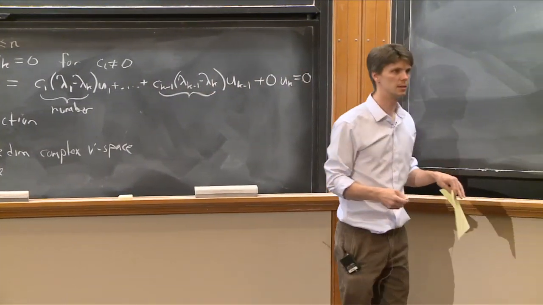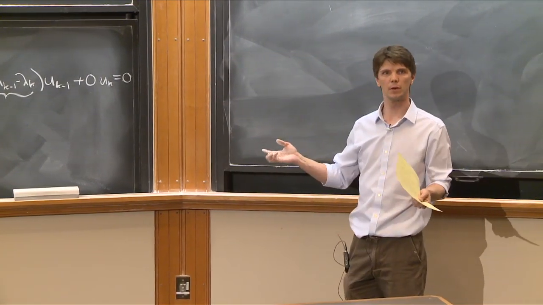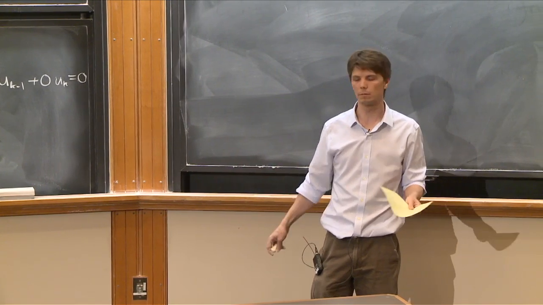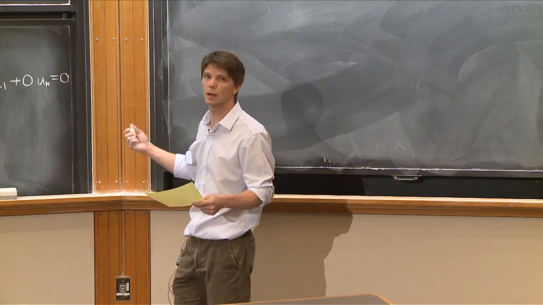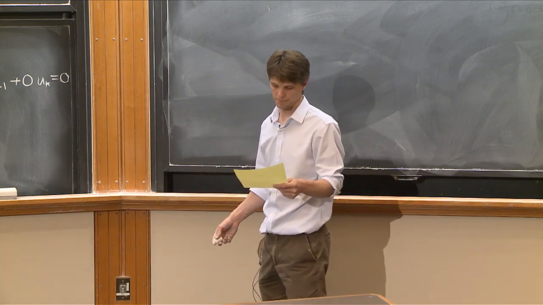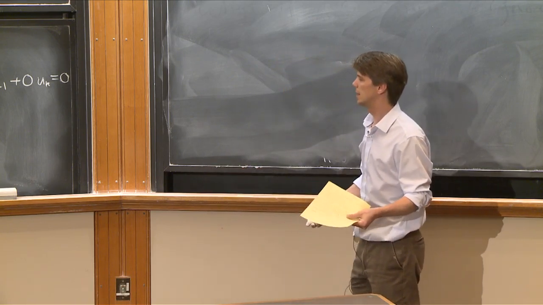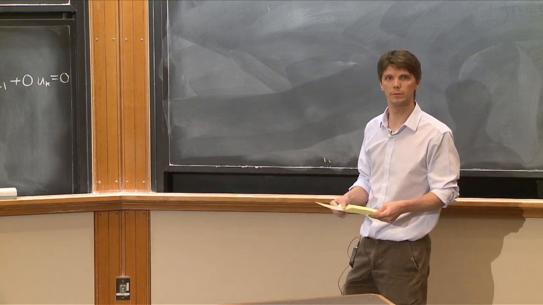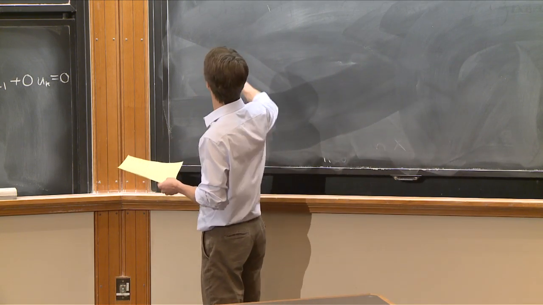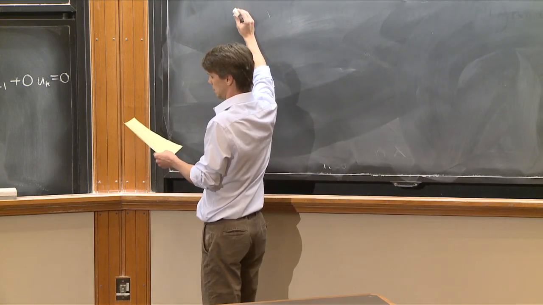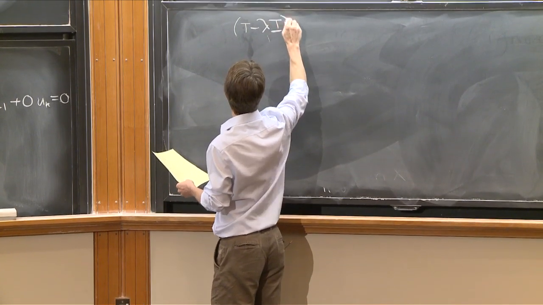And so one way of seeing this is to go to a basis. Everything we've said so far about eigenvalues and eigenvectors has not been referring to any particular basis, and in fact eigenvalues are basis independent. But we can use a basis, and then we have the matrix representations of operators that we've talked about.